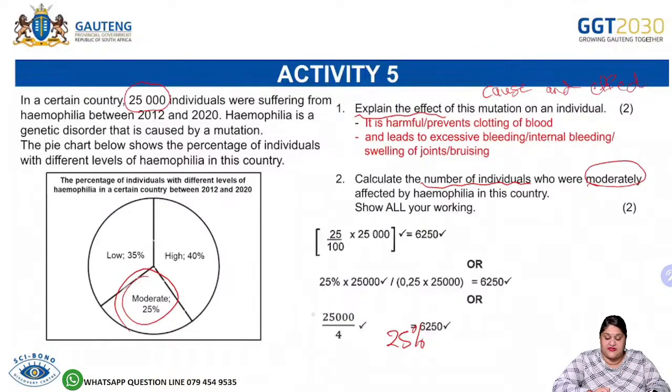Okay, mathematically you could have said 0.25 times 25,000, right? Or you could have said 25,000 divided by 4. Right, so those were the different ways that you could have done it. For me, the last one was the easiest, but we are all mathematically different. However you did it, as long as it's logical and you come to the answer, you will get the marks.